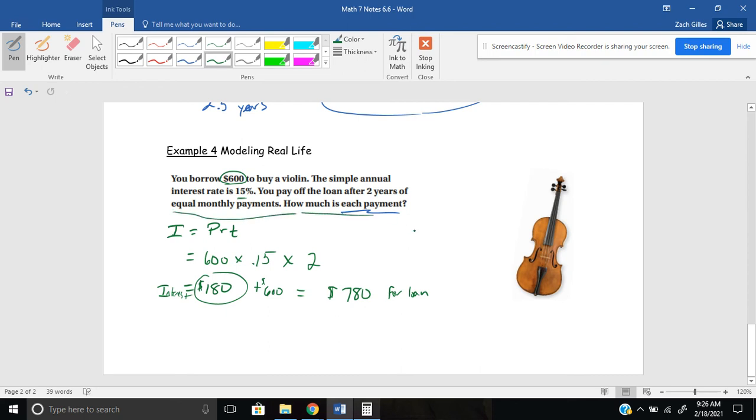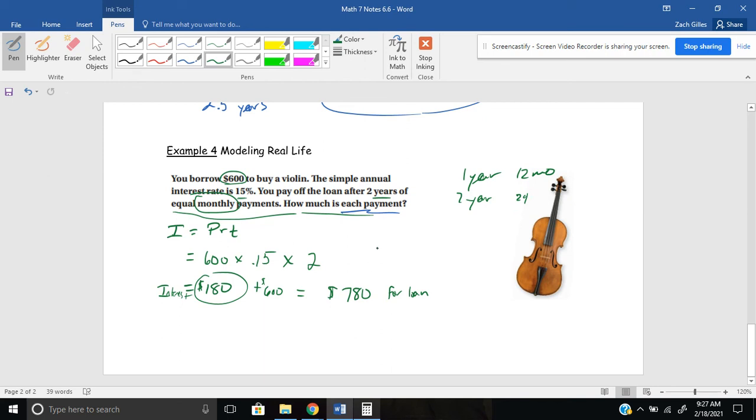Well, if I paid it off in monthly payments, how many months did I make payments for? Well, in 1 year, there's 12 months. So in 2 years, I made 24 payments, one each month.